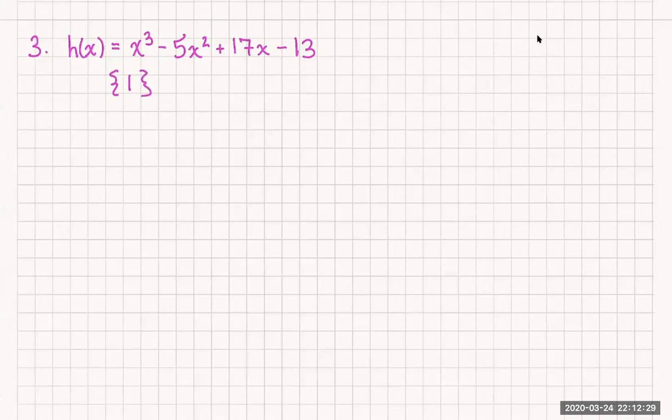Okay, now, how do I find the potentially other factors? Do synthetic division. 1, -5, 17, -13. Now, remember, I'm expecting that my remainder will be 0 because it's a factor.